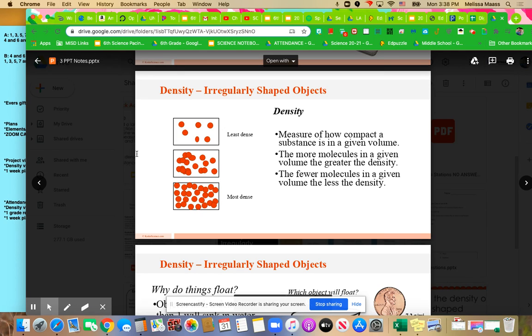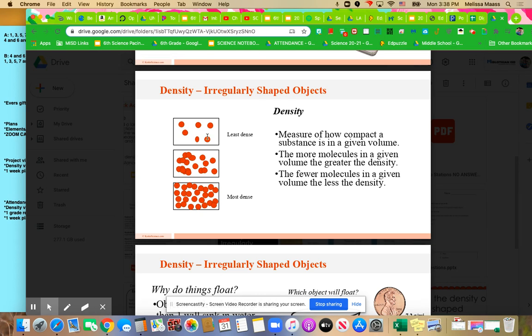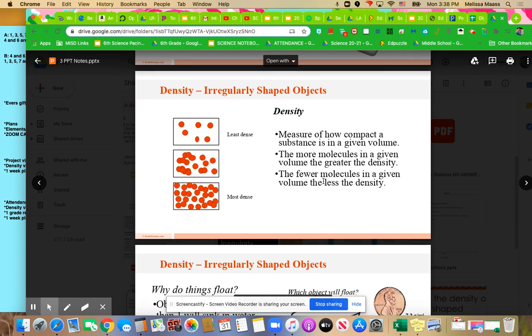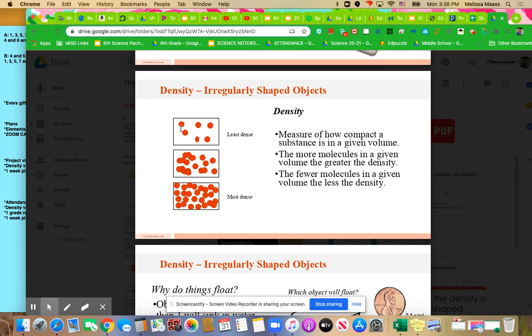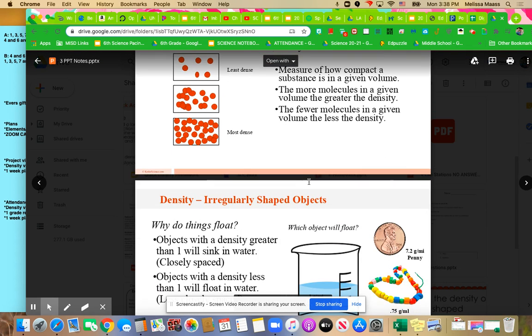If you notice that this one doesn't have many molecules, they're spaced out, not very compact, least dense, might float. You get a little bit more compact, this one will be the most dense picture, okay? It makes sense. The fewer molecules, you'll have the least amount of density, like up here, okay?